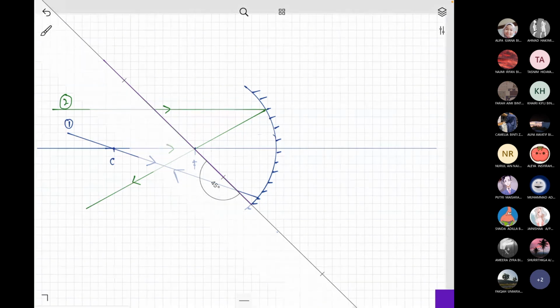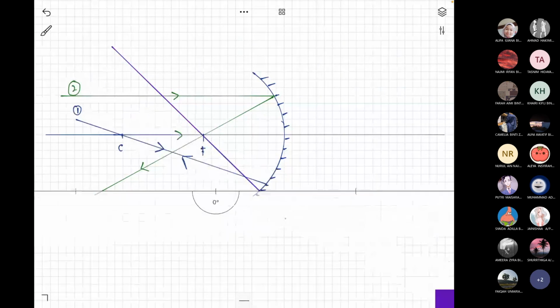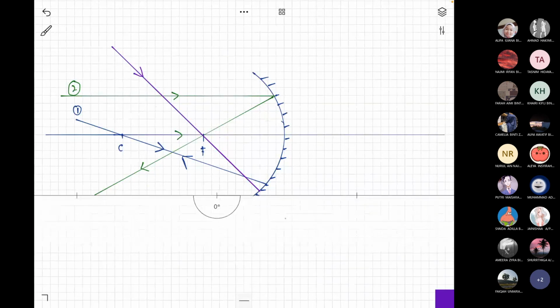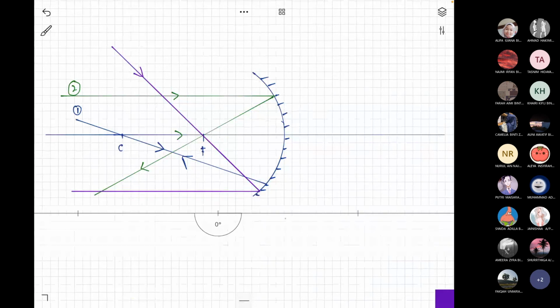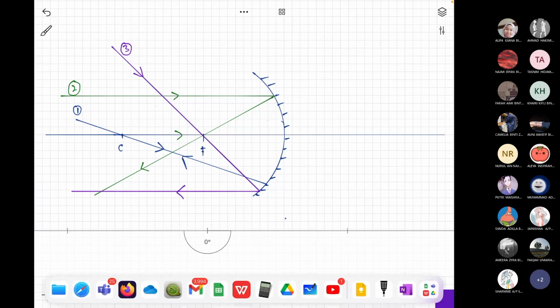So it will be reflected parallel to principal axis. Remember, you need to use graph paper to draw this. Now there should be light which is parallel to principal axis, this way. This is the third rule. So you must remember the three rules that we are discussing now. Any problem so far? Now we have three different rules. I'm going to stop this video for a while.